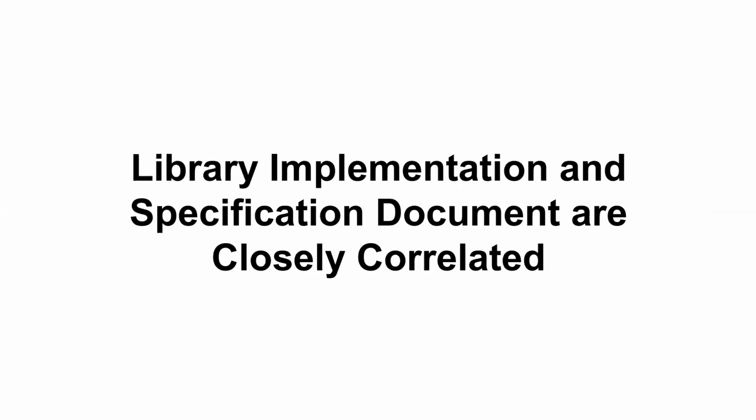One of the keys to understanding this, an entry point for really learning about SBOL and how to use the library, is that the API is closely married to the specification.